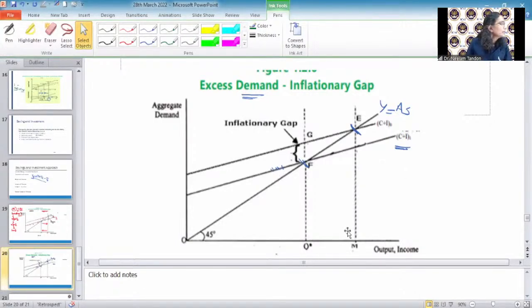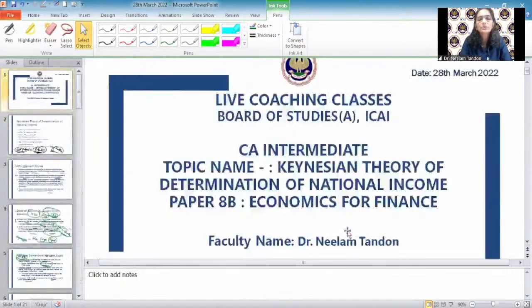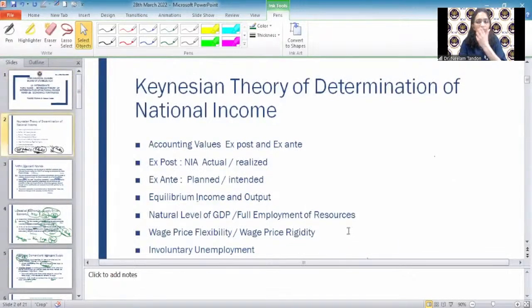What is your query related to 1.68? Okay, so I want to ask you a few questions, and if you can answer. First question to you people: what is the core difference between classical and Keynesian economics? Write two core differences.